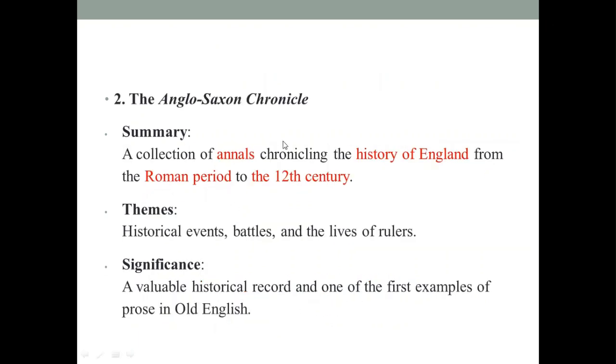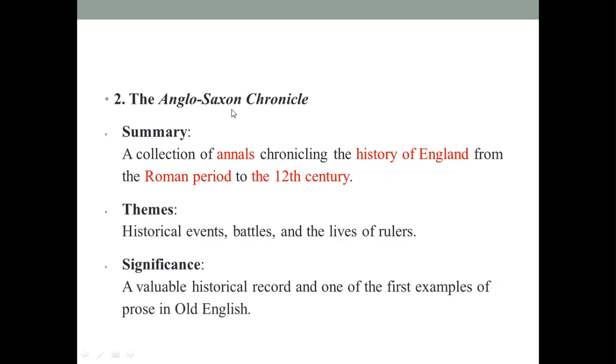Then the next work is the Anglo-Saxon Chronicle. These are a collection of annals. That is a collection of historical records. Annals means historical records. Chronicling means recording, documenting the history of England.